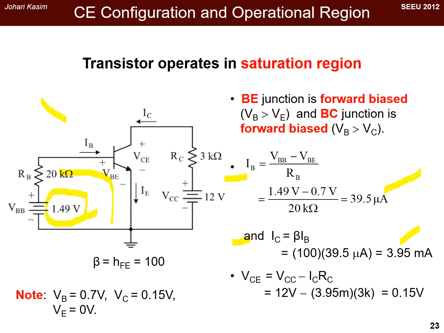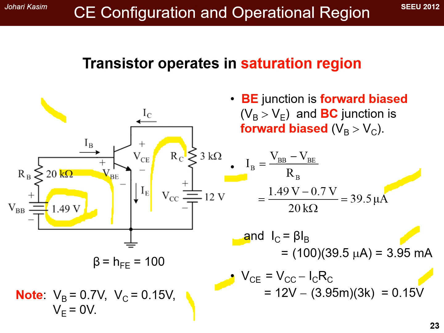3.95 milliampere, and then after that, at the output loop we use Kirchhoff voltage law, and then we can get VCC equal to IC RC plus VCE, and then after we simplify, we can get VCE equal to VCC minus IC RC, and then we can get VCEQ equal to 0.15 volt.